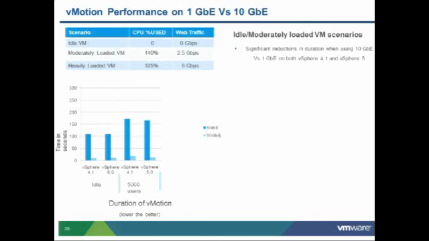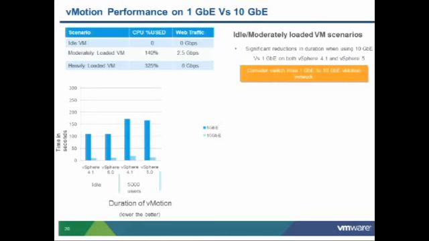As you can see, in both the scenarios, the improvements were phenomenal. The improvements were in the order of 8 to 10x, mainly because we were able to effectively saturate the 10 GB bandwidth. So that brings us to the very first key takeaway point here. If possible, you should seriously consider switching to a 10 GB vMotion network.